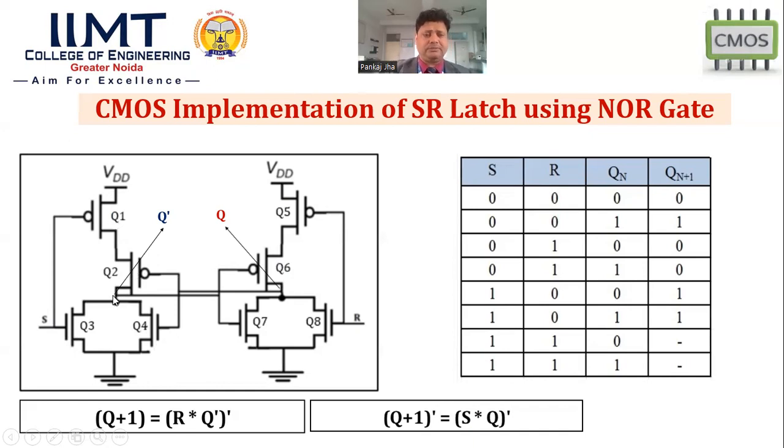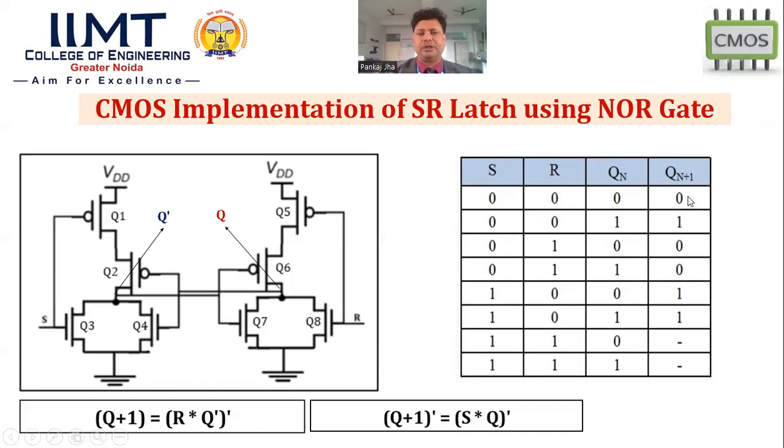As a result, we get Q bar equals 1. If Q bar equals 1, the Q7 transistor will be in saturation mode. That means it will provide a short circuit condition and the output obtained here will be grounded. So we will get Q equals 0, that is, Qn plus 1 equals 0.